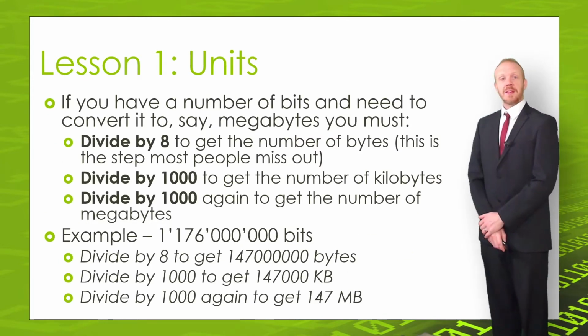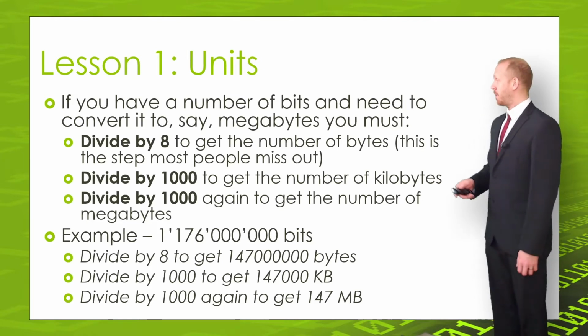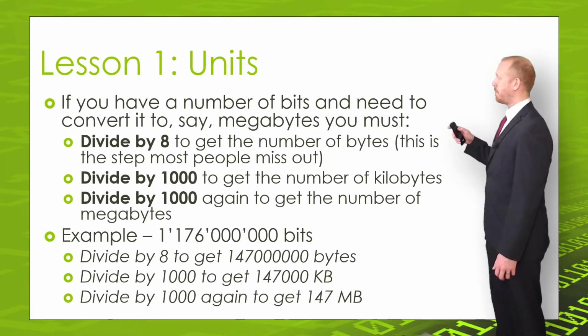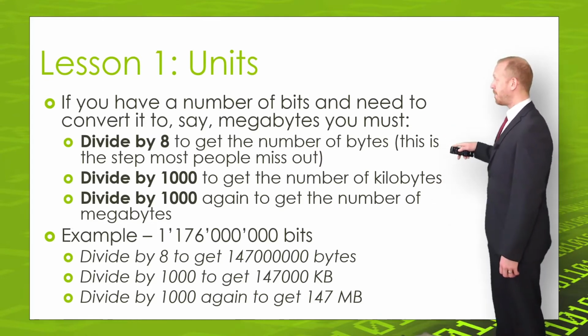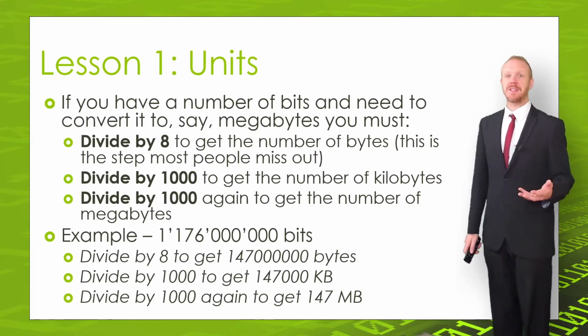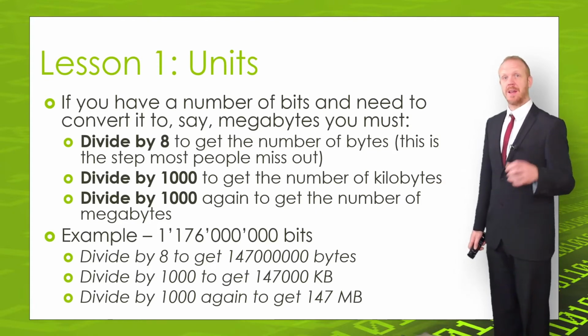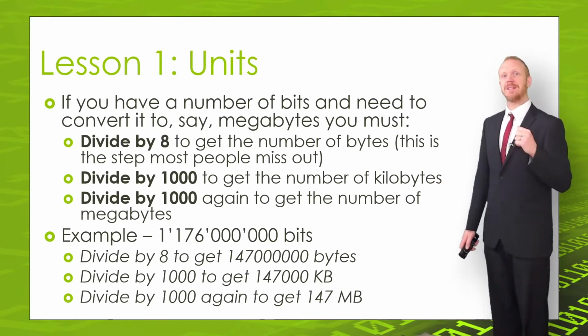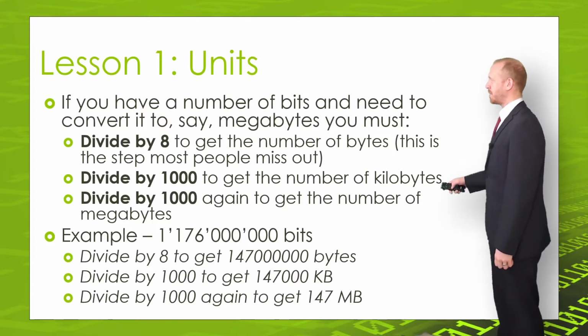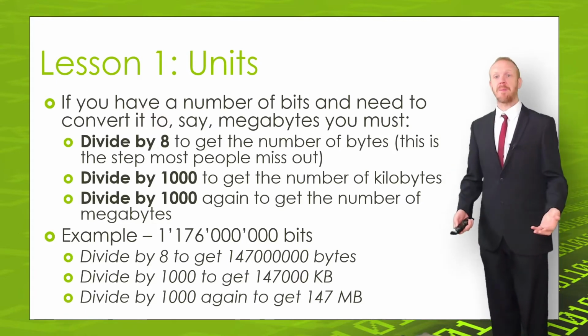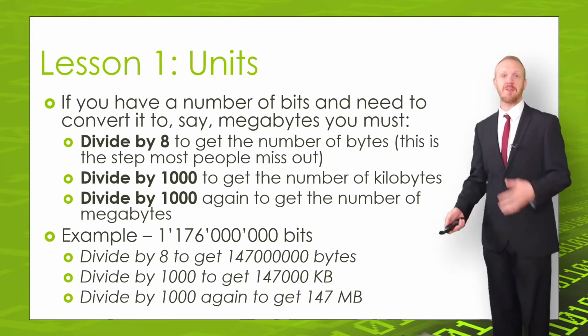We then need to do things like converting between them. So in this case, if you've got a number of bits and we need to give the answer in, say, megabytes, we need to divide by 8 to get the number of bytes. That's the step that most people forget. If you've got bits and you want bytes, divide by 8. Then divide by 1,000 to get kilobytes, divide by 1,000 again to get megabytes. If you needed gigabytes, you divide by 1,000 again. If you did terabytes, you divide by 1,000 again.